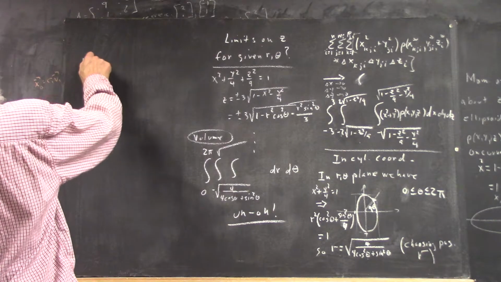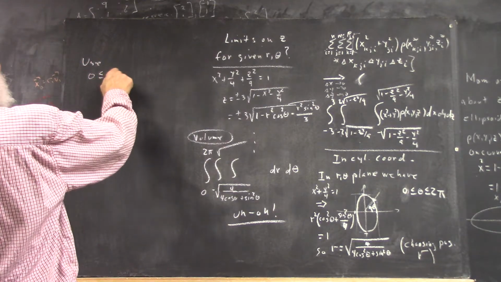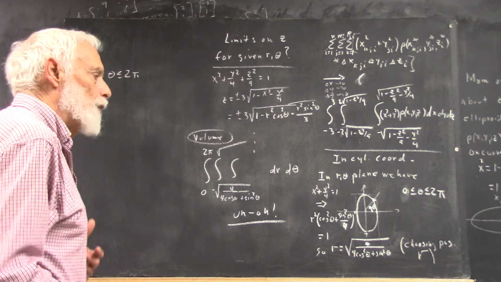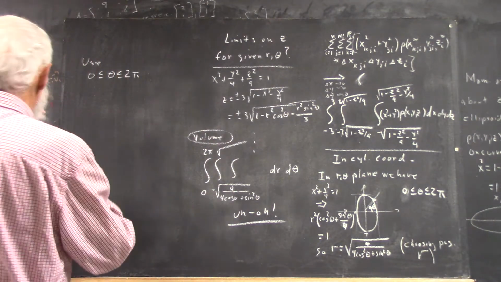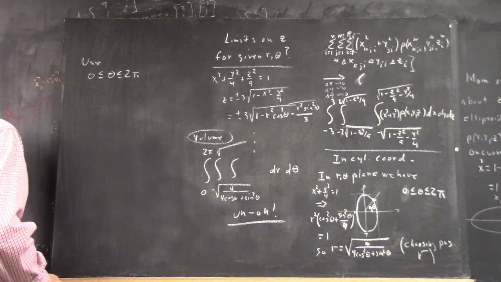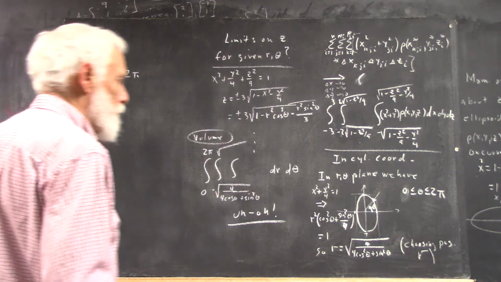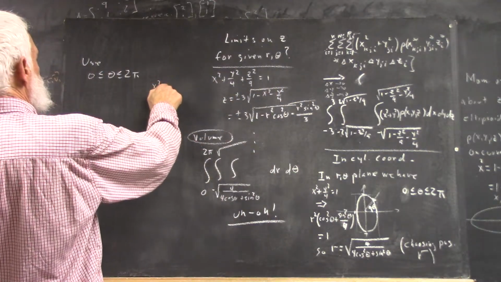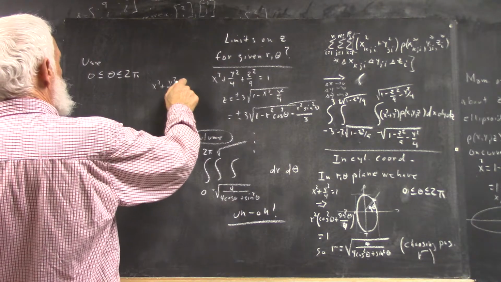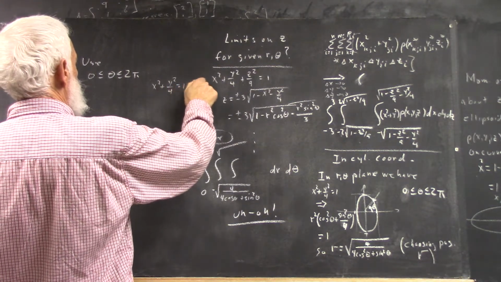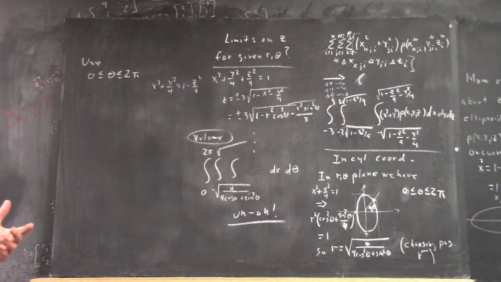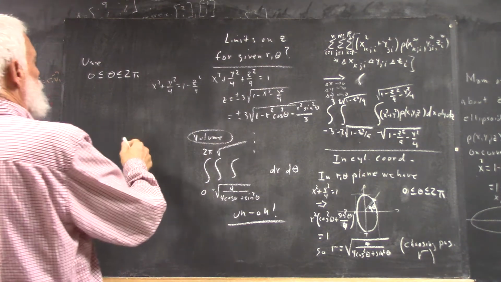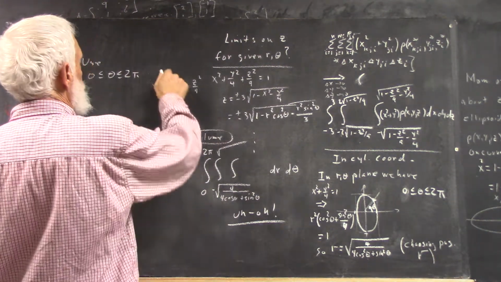So I'll just say we have to end up using 0 less than or equal to theta less than or equal to 2 pi. And then our ellipse, instead of x squared plus y squared over 4 equals 1, it's one minus z squared over 9, for fixed z.